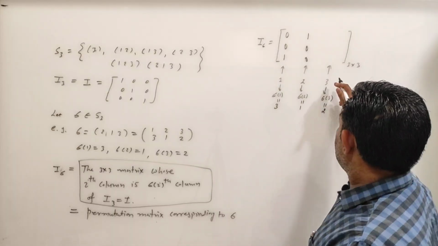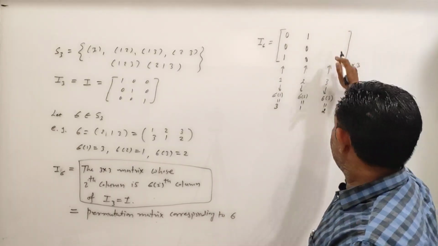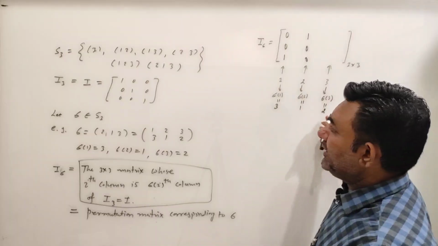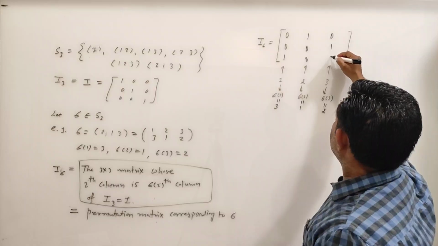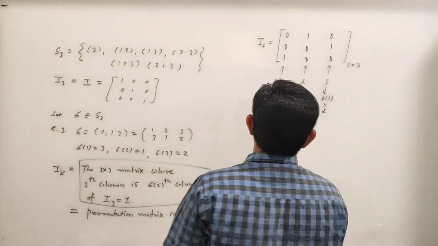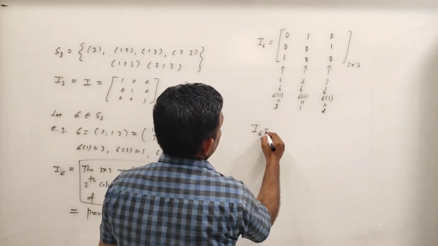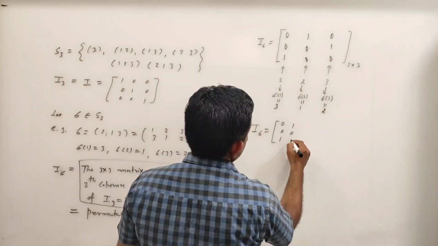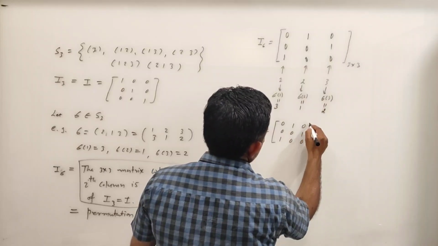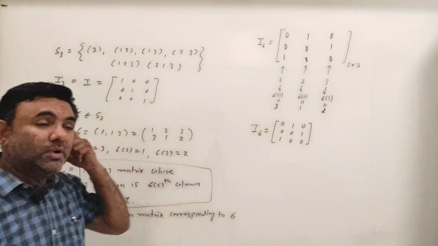And the third column is the second column of identity matrix, that is 0 1 0. So in short, my I sigma is 0 0 1, 1 0 0, 0 1 0. So this is my I sigma.